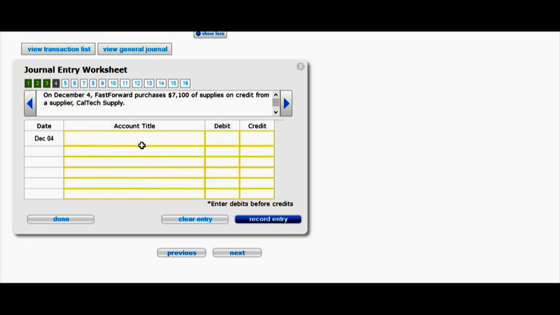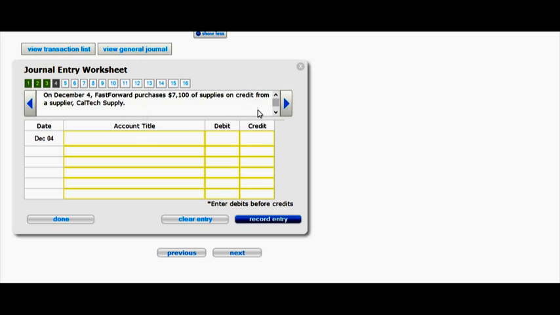Record your entry. On December 4th, Fast Forward purchases $7,100 of supplies on credit from a supplier, Caltech Company. When you see the words on credit, that should be a signal that you're going to use either accounts receivable or accounts payable.